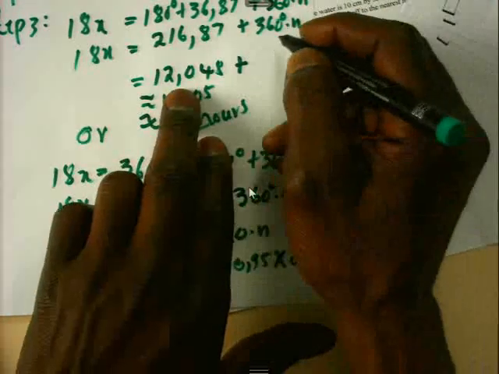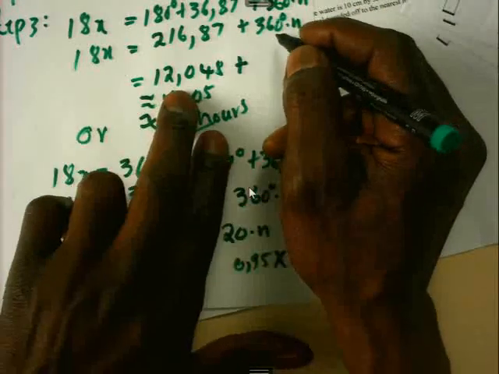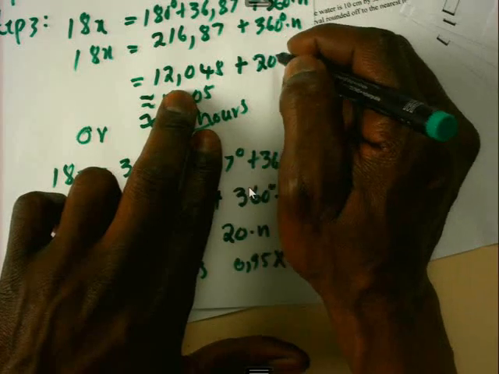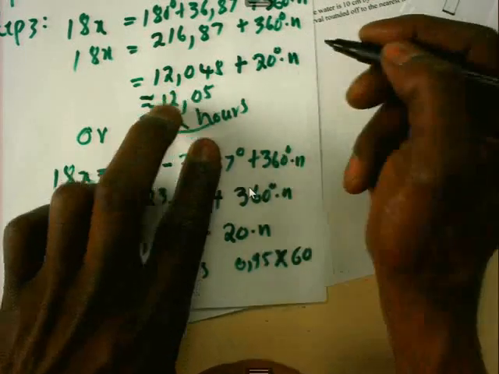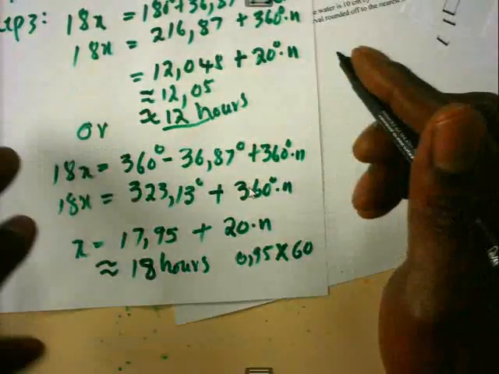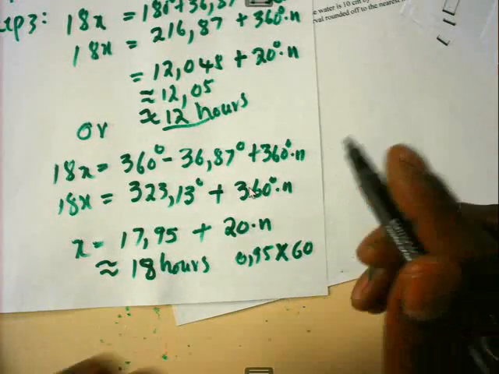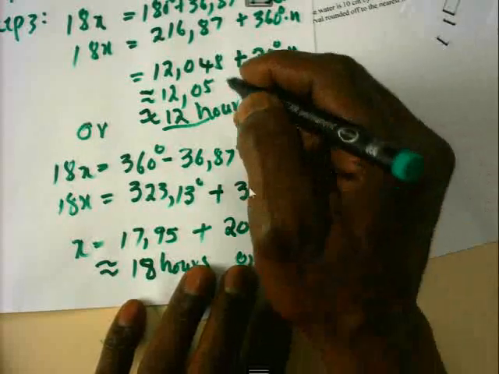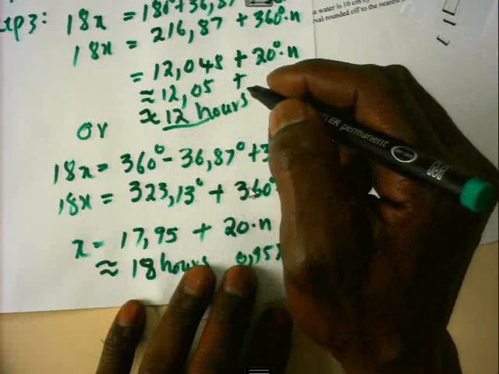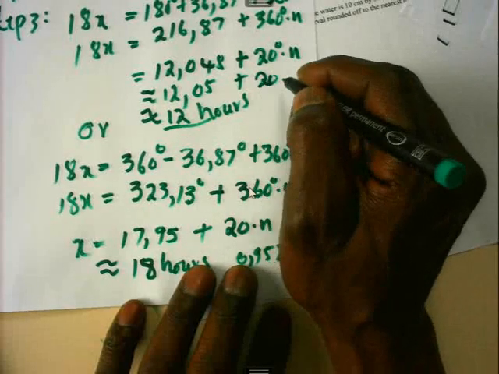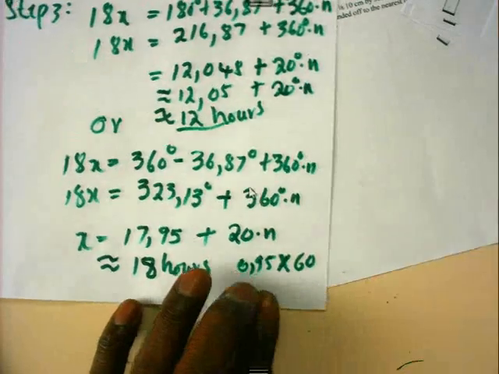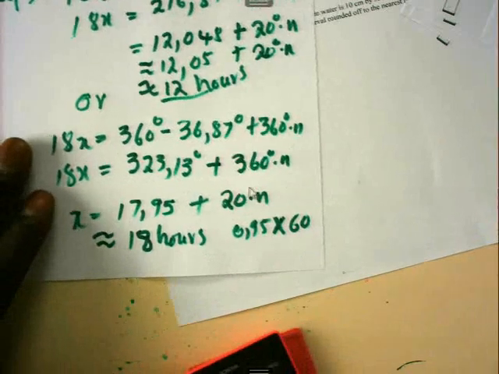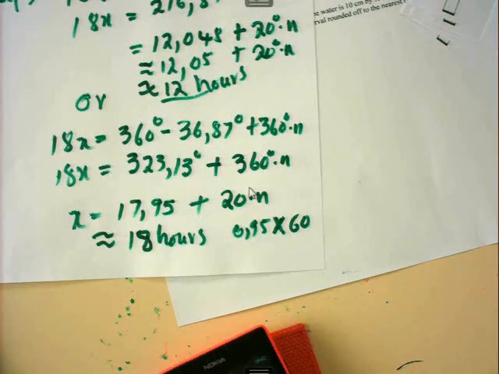We're going to divide that 360 by 18, and we're going to have 20 degrees times n. Now, which will be 12.05 plus 20 degrees times n. You will see the importance of this general solution here.